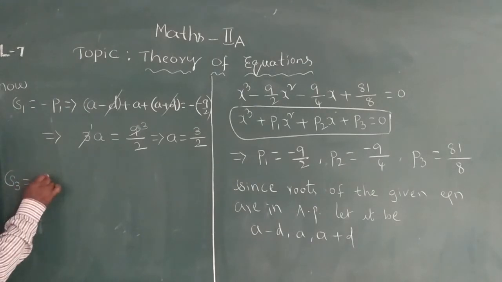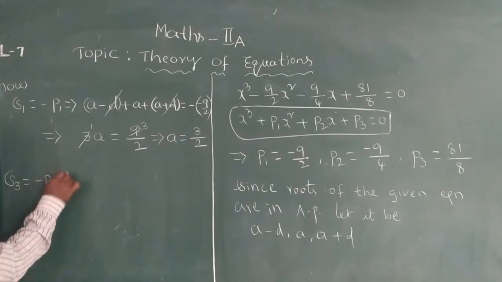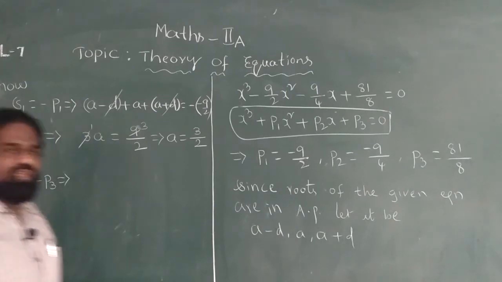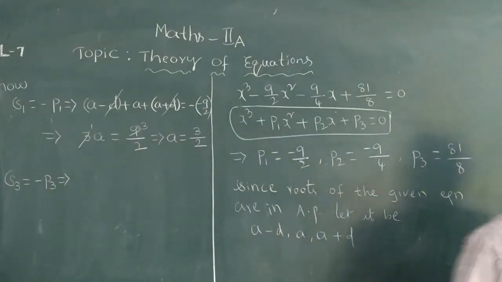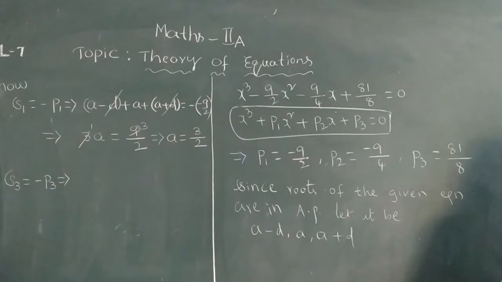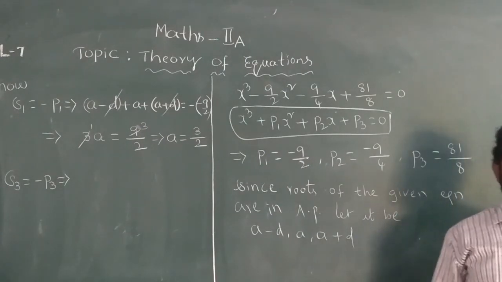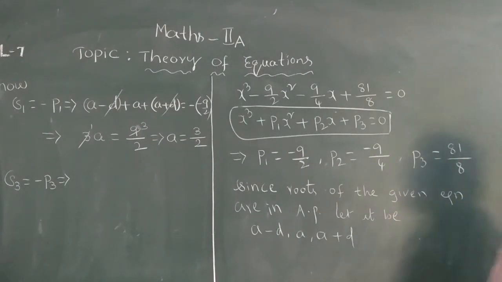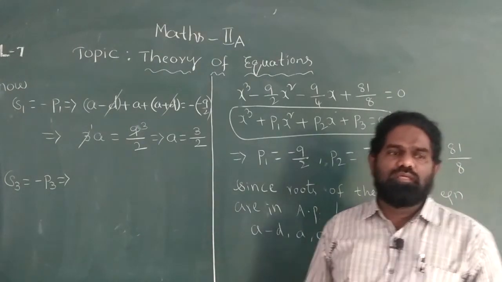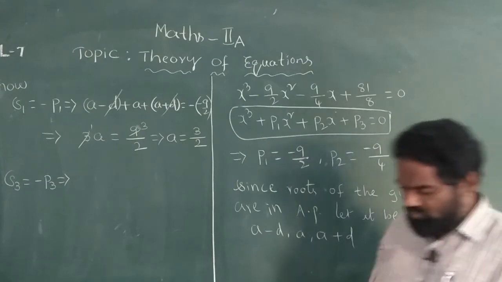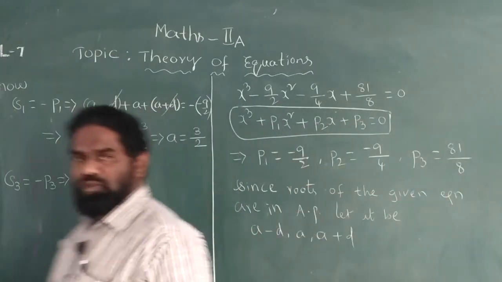Next, again, S3 equal to minus p3. There is no need to always take S1, S2, S3 in serial. Use whichever conditions are convenient to find the roots, either S1 or S2 or S3, or any two, S1, S2 or S1, S3, whatever it may be.